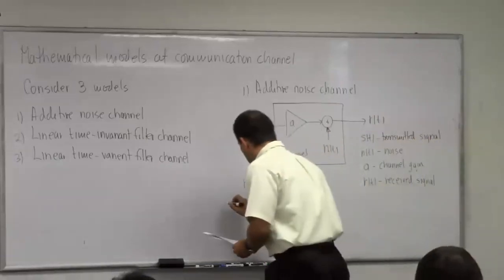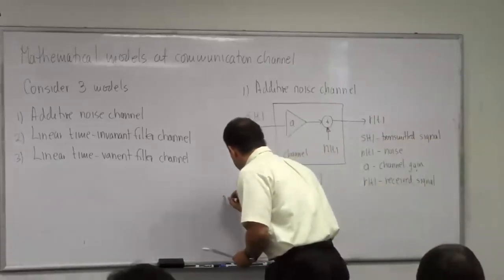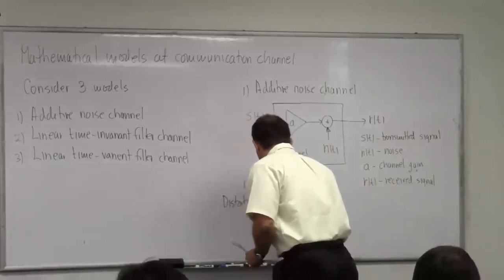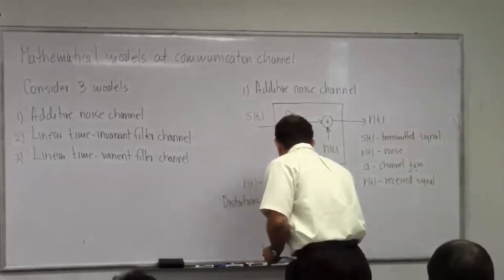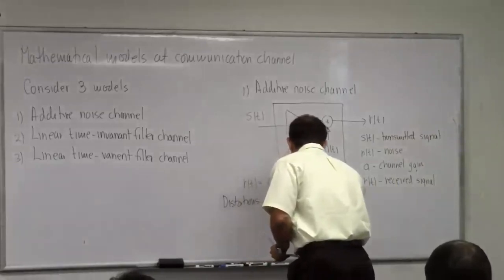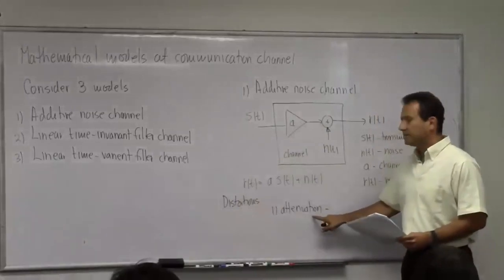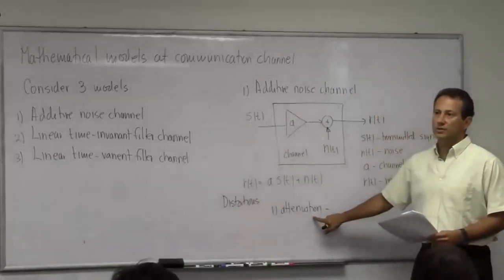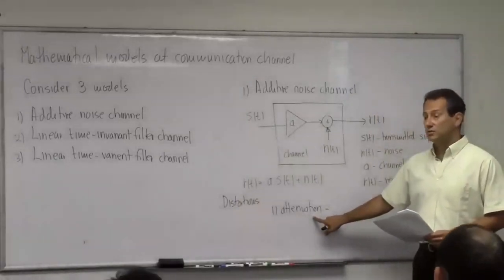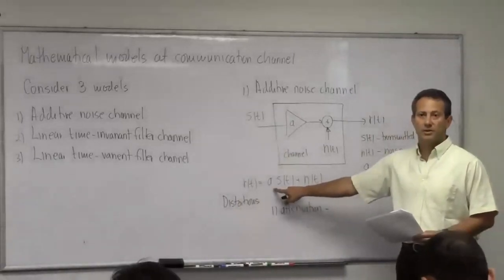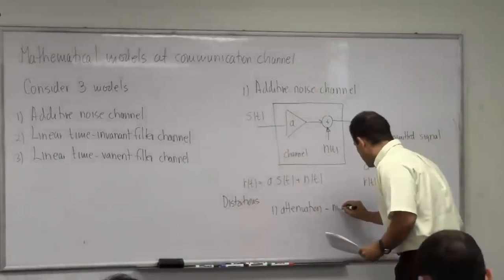So there are two distortions here. The first one is attenuation. What type of distortion is this? Is this additive or non-additive distortion? It's a non-additive distortion because it's a multiplicative distortion. It multiplies your signal.